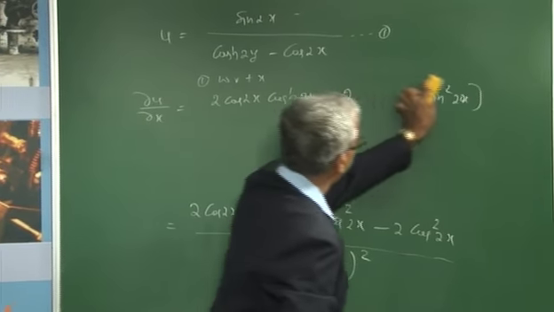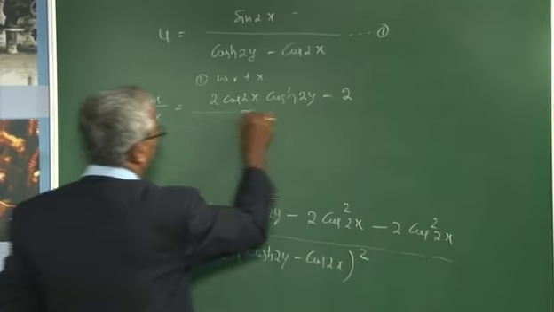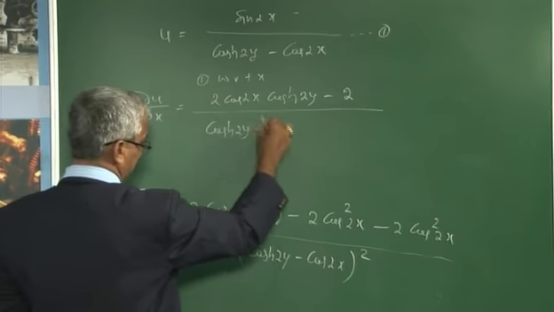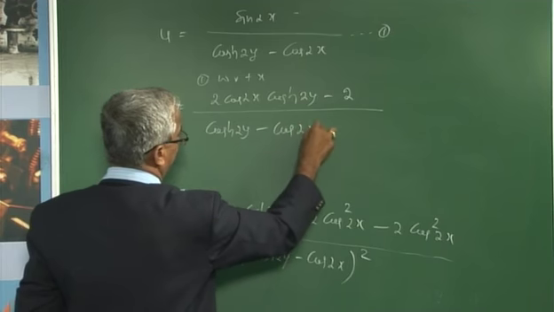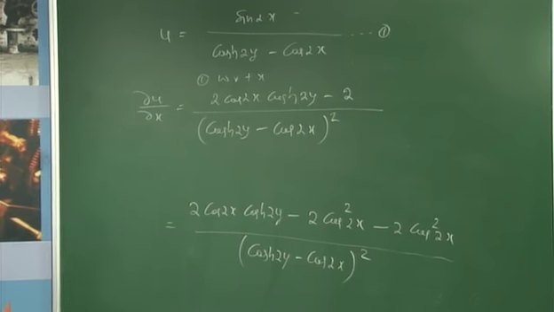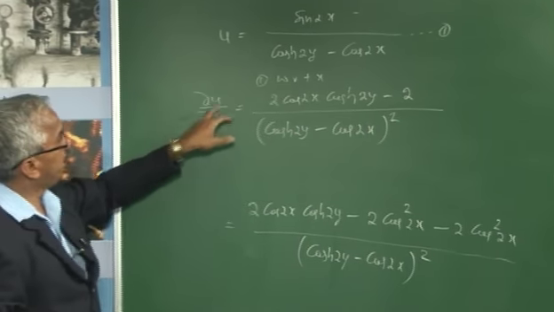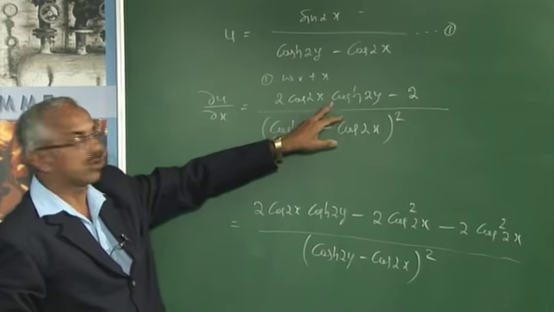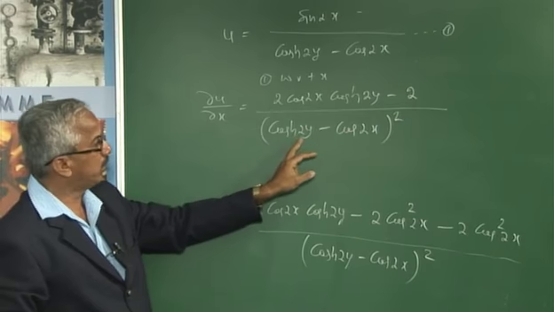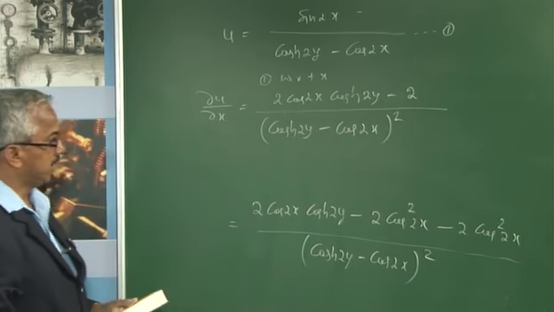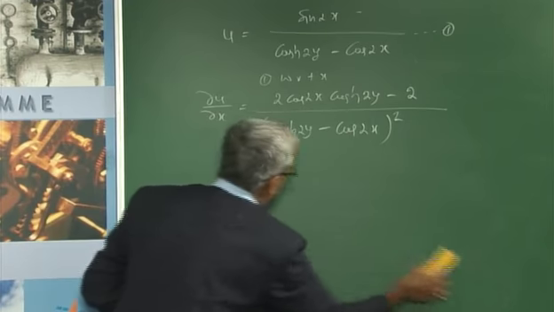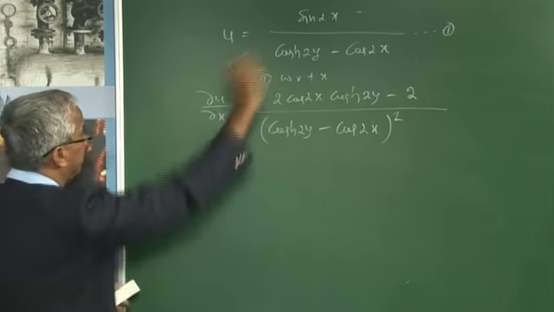Then the remaining term is (cosh 2y minus cos 2x) whole squared. So, dou u by dou x is (2 cos 2x cosh 2y minus 2) divided by (cosh 2y minus cos 2x) whole squared. This is one term I got from the given real part.